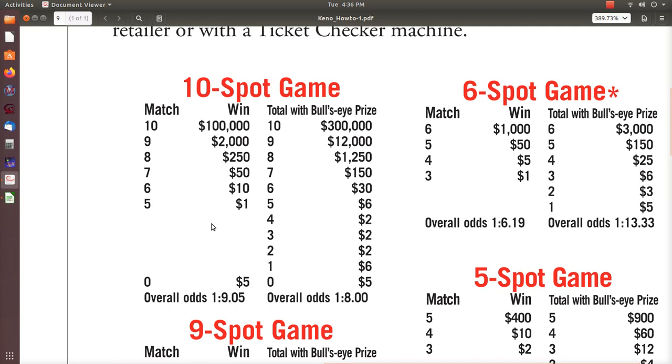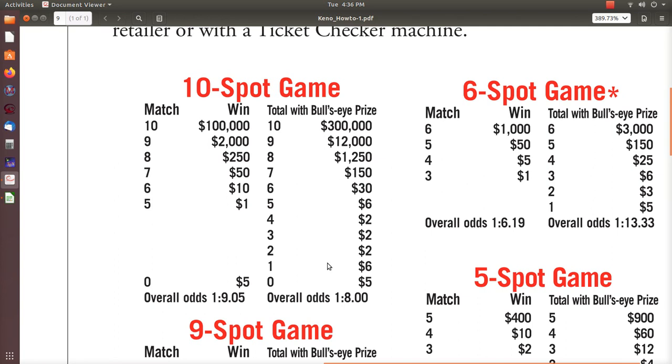Now when you choose to play the bullseye option, to be in this first column, you have to have a certain number of matches and not match the bullseye. So the probabilities are now less to be in this column than they were versus the base casino when you didn't play the bullseye option.